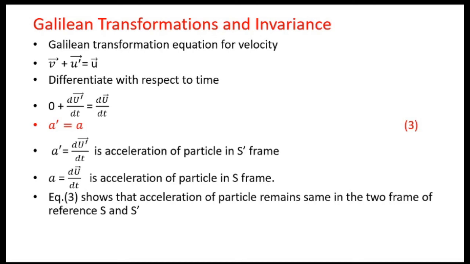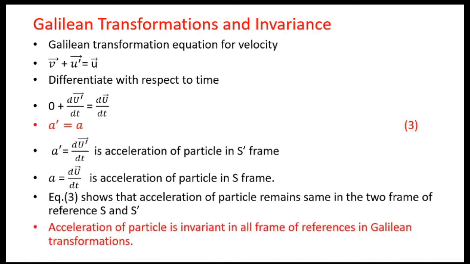In this case, we have two frames S and S', and acceleration in S is equal to acceleration in frame S'. Now acceleration of a particle remains the same in all frames of reference, so we can conclude that acceleration of a particle is invariant. It does not change, it remains the same in all the frames of reference in Galilean transformations.